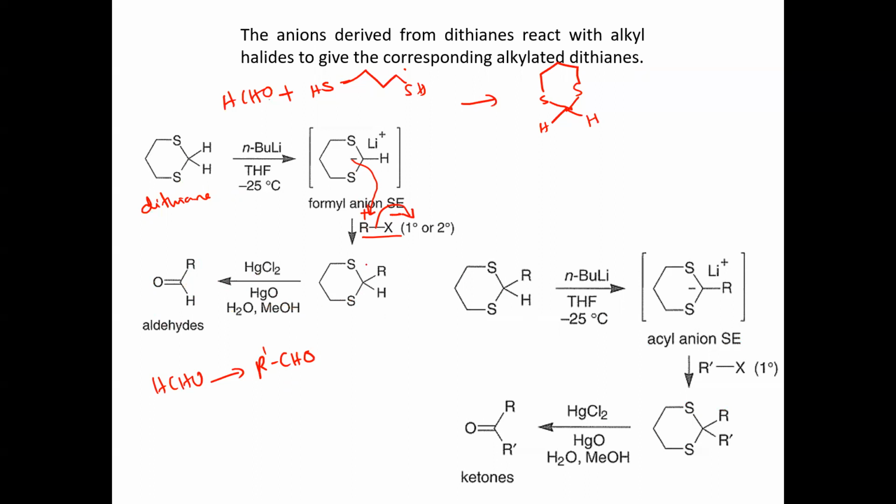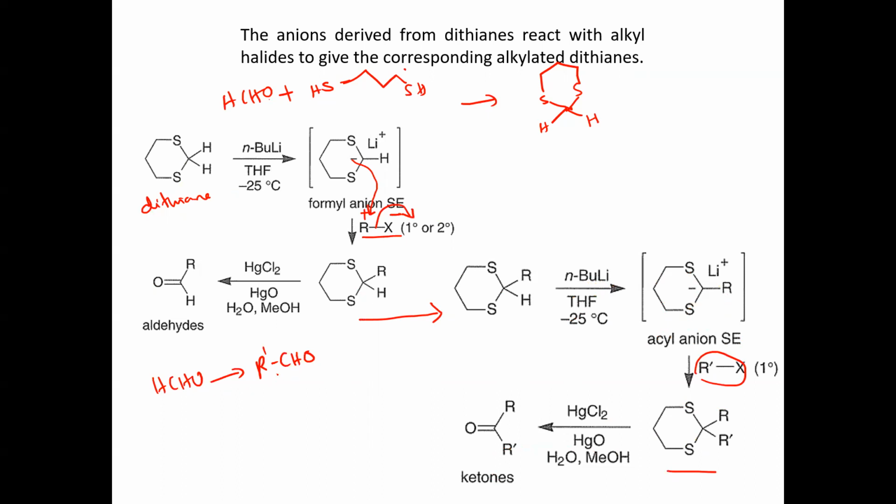Now we have got this dithiane. Again, if we take another equivalent of butyl lithium in THF at minus 25 degrees Celsius, another Umpolung is formed. We can add another alkyl group, and you can see that a ketone is formed.